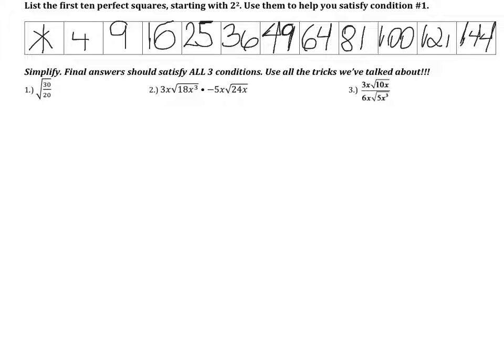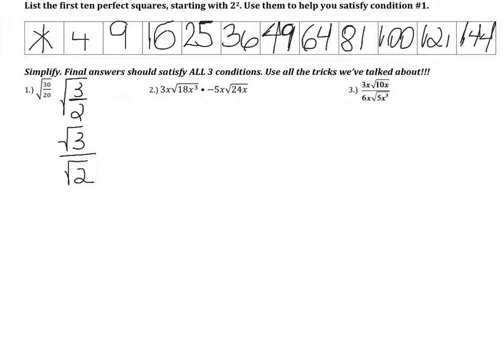So what I would do first with that fraction is reduce it. You can divide the top and the bottom by 10. So I'm going to make this the square root of 3 over 2. Now that's still a fraction. So now I'm going to split it into two separate radicals. It's going to be the square root of 3 over the square root of 2.